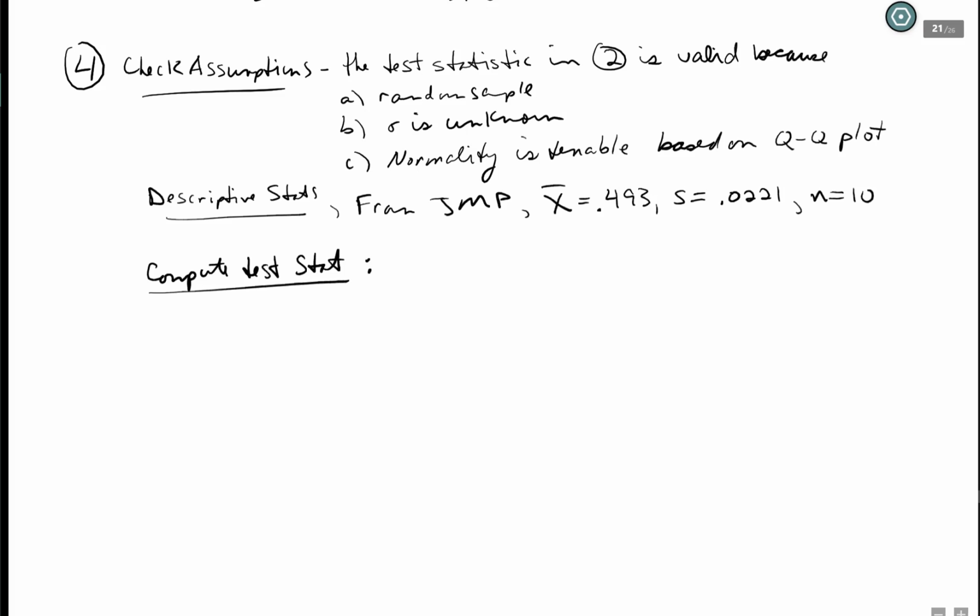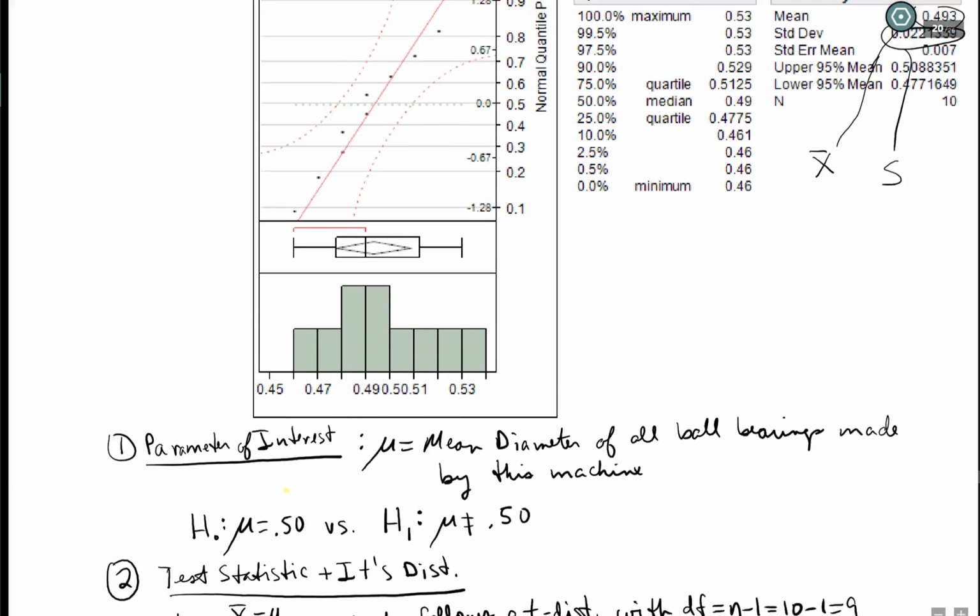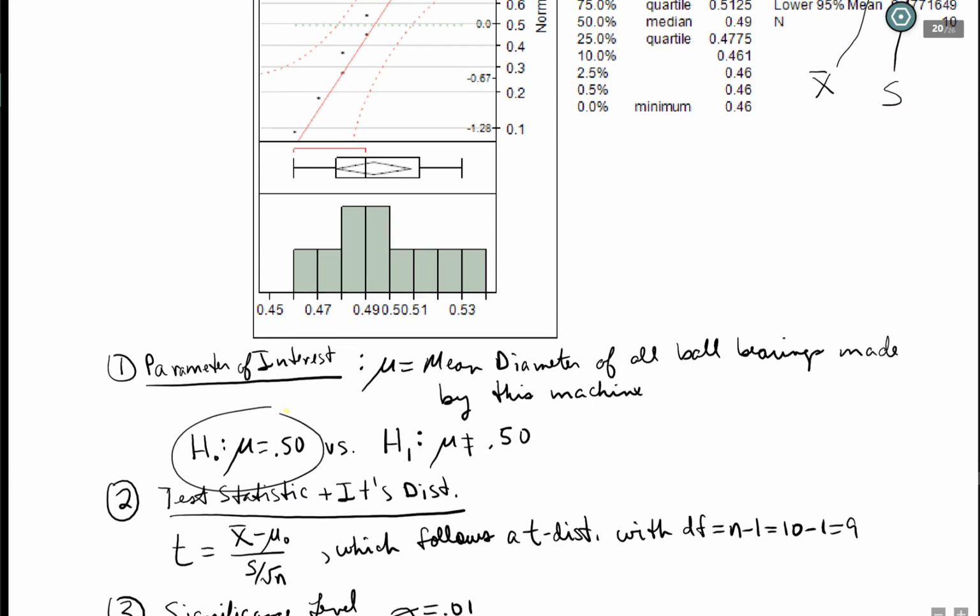The observed test statistic is again x bar minus mu naught over s over root n. X bar is 0.493. Mu naught, the value of mu under the null, is 1/2.